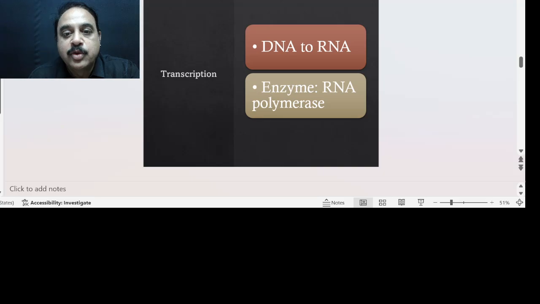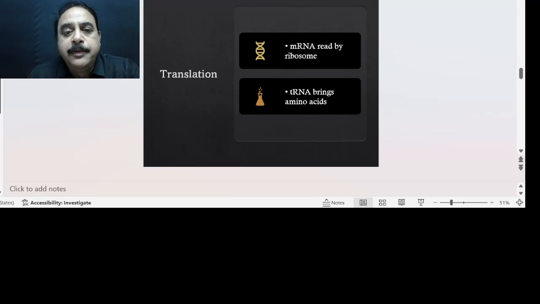Generalizing as the slide goes by: DNA to RNA, and messenger RNA carries instructions for protein synthesis. The second part is only protein synthesis. Translation occurs in ribosomes. Messenger RNA codons are read, and transfer RNA brings amino acids to form polypeptides.